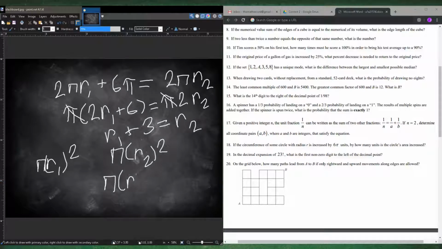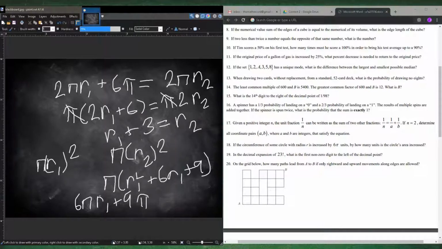So that's just subscript 1 squared, plus 6r1 plus 9. So basically, if you distribute that out, you have pi times radius subscript 1 squared, which is the original one, plus 6 pi radius 1 plus 9 pi. So it's 9 pi plus 6 pi radius 1.